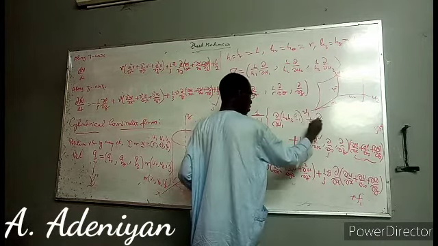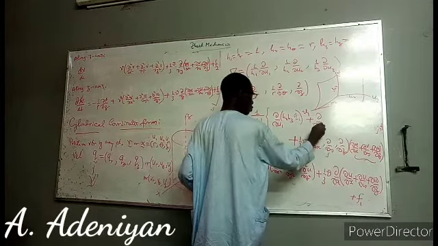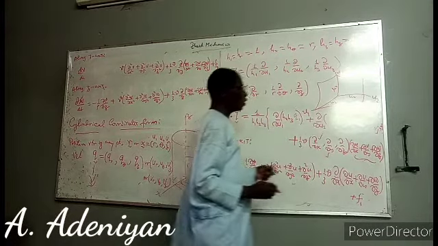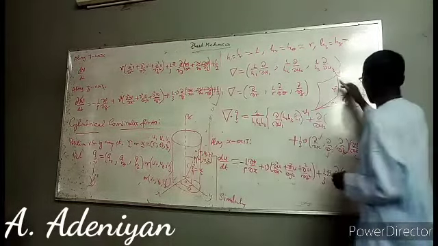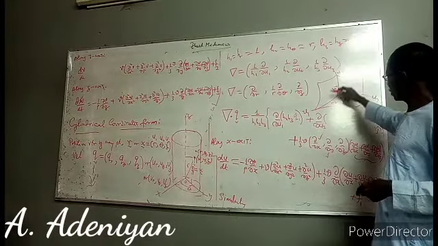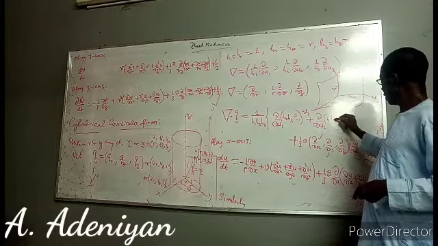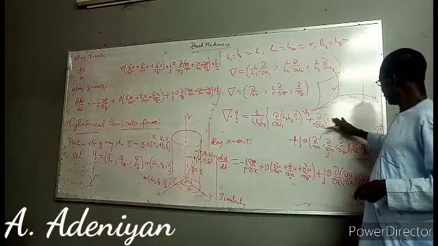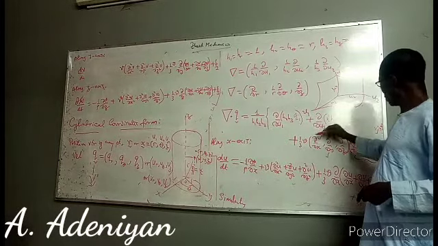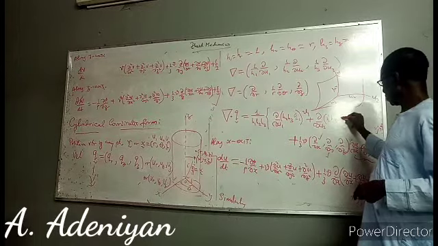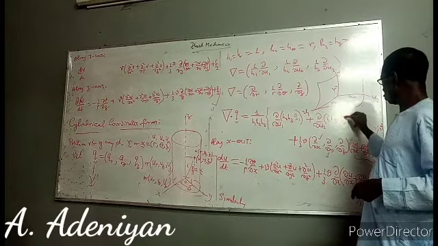So when you are now finding that of u2, you multiply the factors of the other two, that is h1 h3, times Q2.